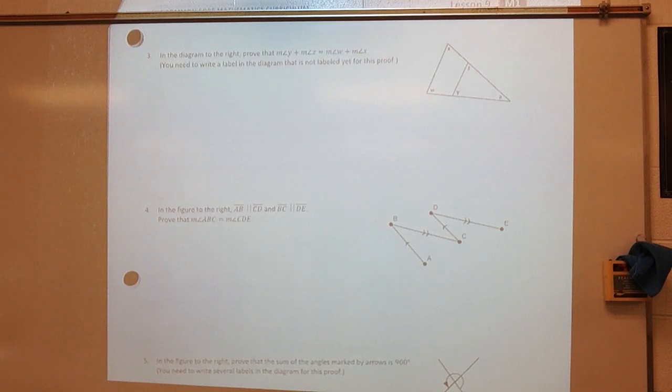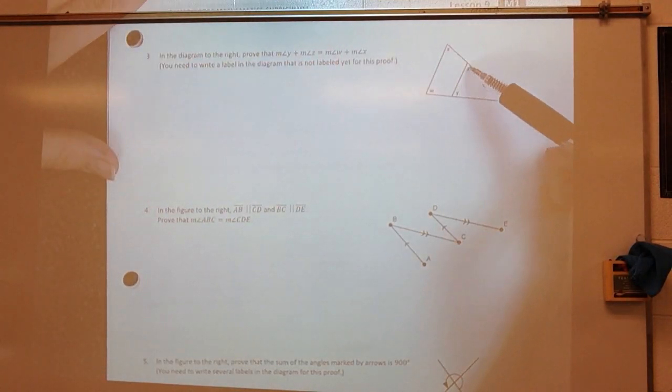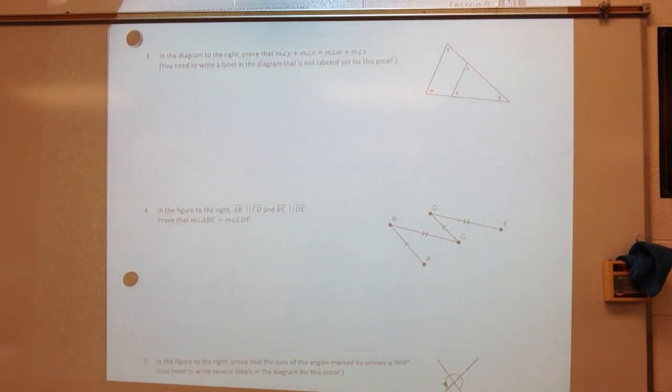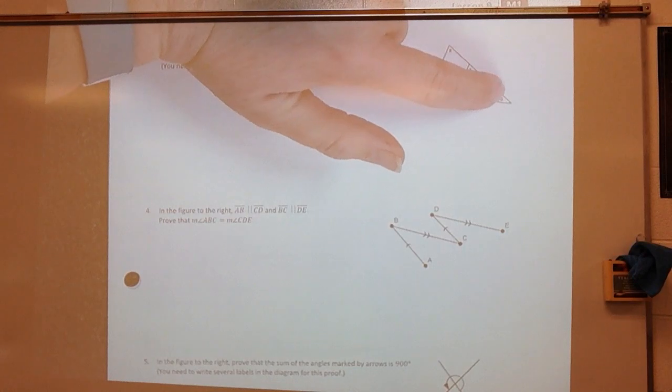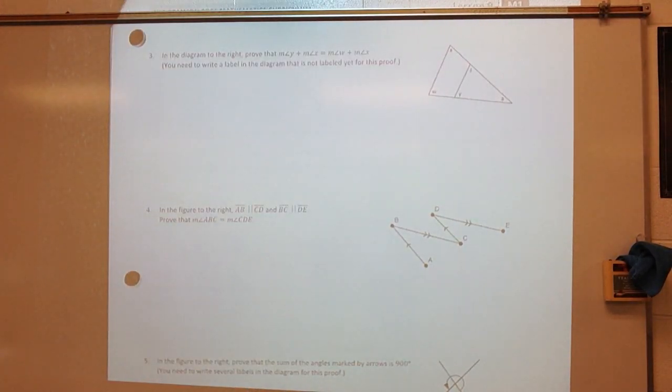All right, so I want to prove that the measure of angle Y plus the measure of angle Z is equal to the measure of angle W plus the measure of angle X. So I want to prove basically that all of this is equal to all of this. All right, so here I've got A. Let's look at A for a second. What do I know about the measure of angle A and the measure of angle X and the measure of angle W?